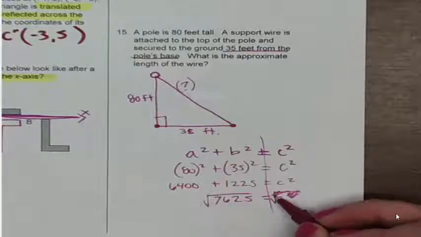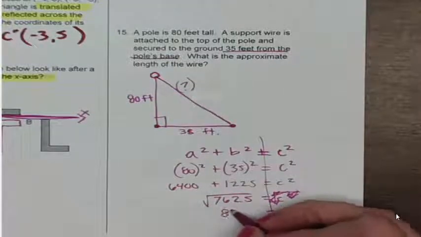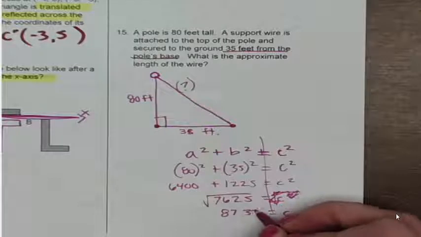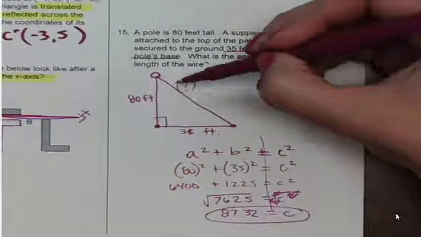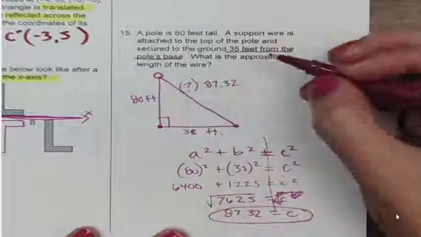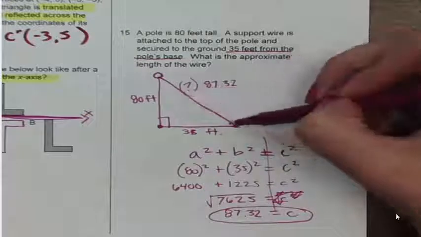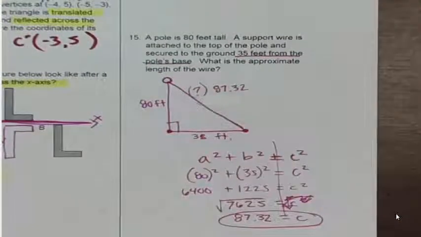That cancels out over here. So when I plug in the square root of 7,625, my answer is approximately 87.32. So the wire is 87.32 long, which makes sense because remember our hypotenuse has to be the longest side. It has to be longer than the legs.